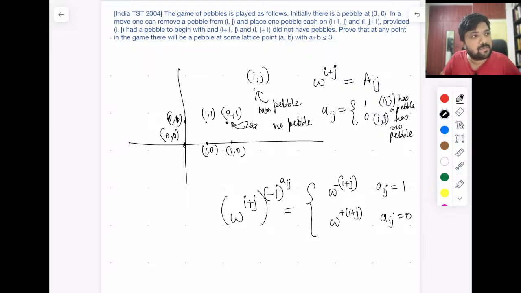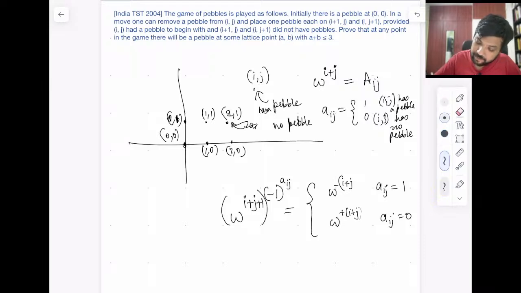That's what you're saying: if there are no pebbles at all, which means the aij's are all 0, then you will have omega power plus i plus j, and yeah, it will be a problem, I guess. Okay, fine. So Lauren suggests that you need to put a 1, or else the invariant won't work. Okay, so let's do that.